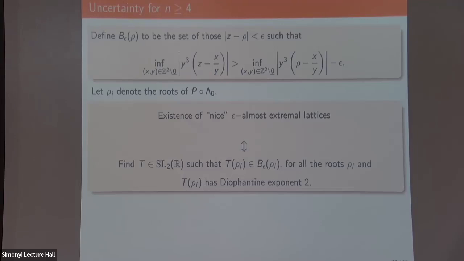This is because SL2R is 3-dimensional, and for every 3 points, we can go to any 3 other points. So all Davenport essentially had to do to disprove Mordell was to show that these sets are non-empty. If they're non-empty, you can just find a matrix T to do that.